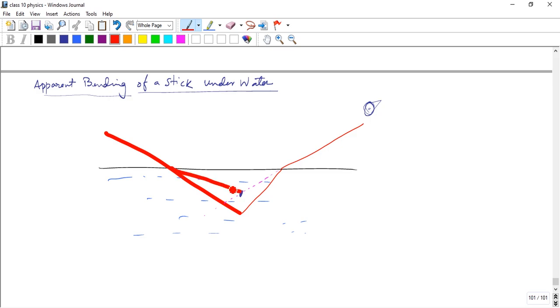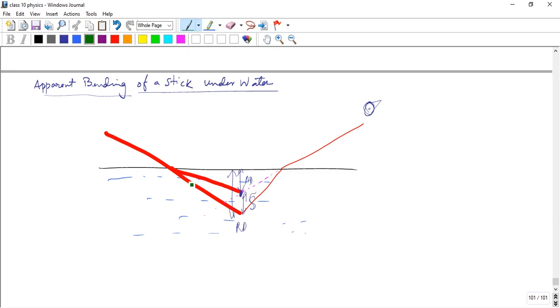That is AD, apparent depth. That is RD, real depth. That is S, the shift.